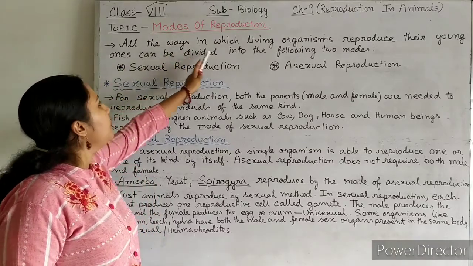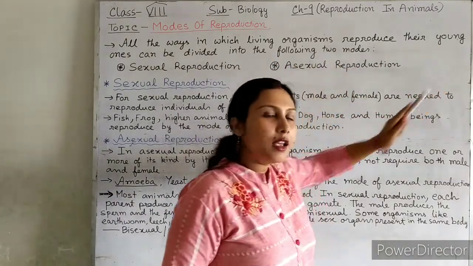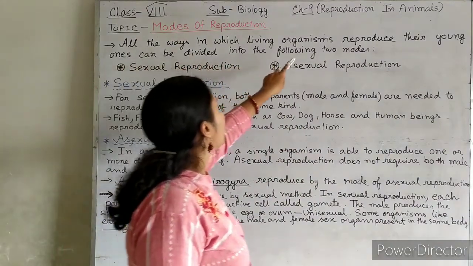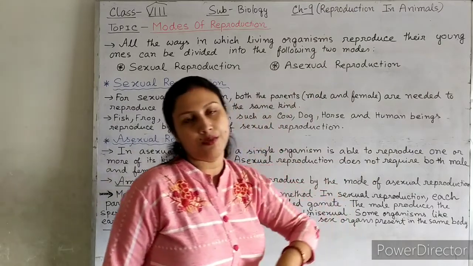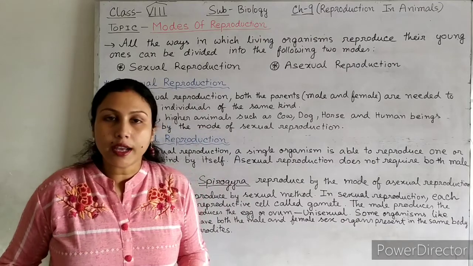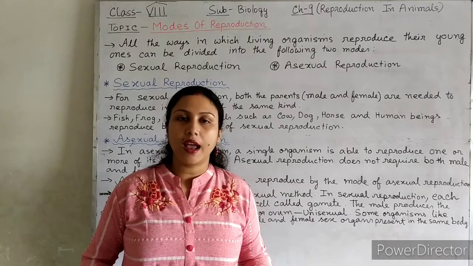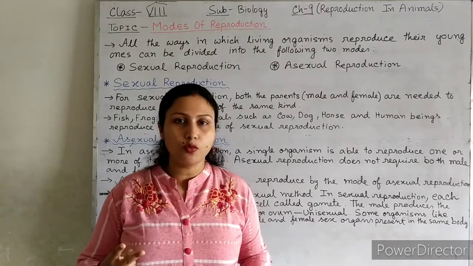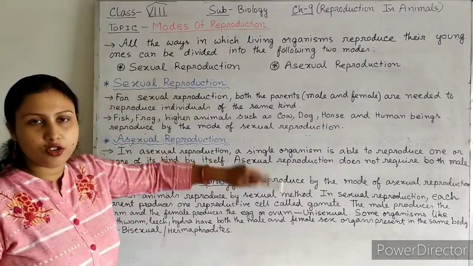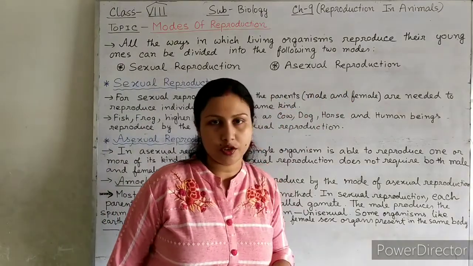All the ways in which living organisms reproduce their young ones of their own kind can be divided into two modes. What are they? The first one is sexual reproduction and the next one is asexual reproduction.